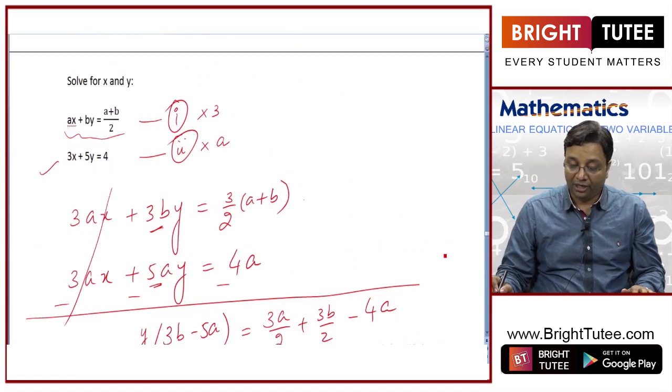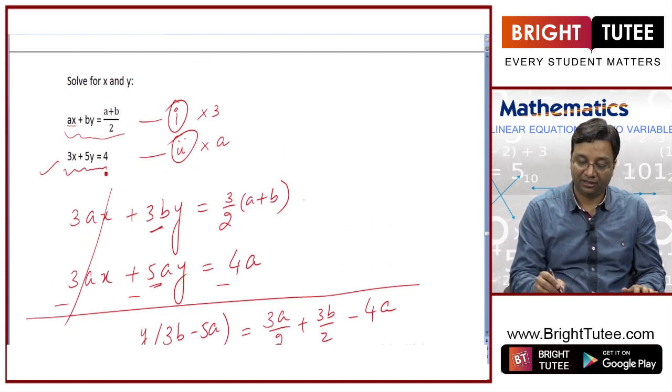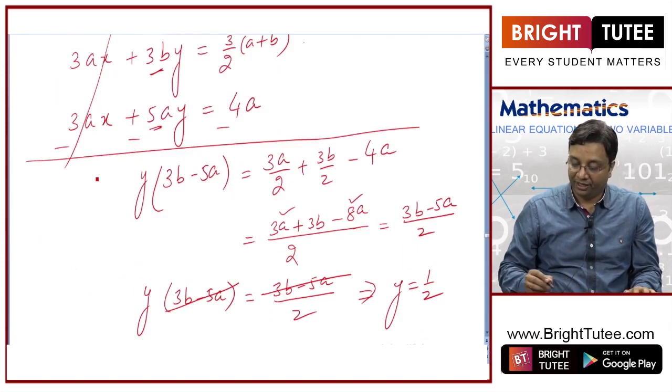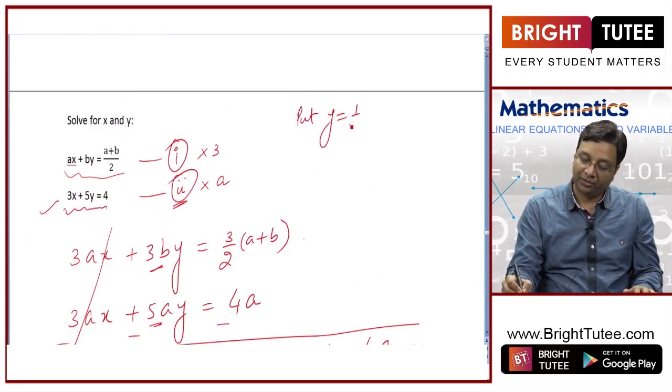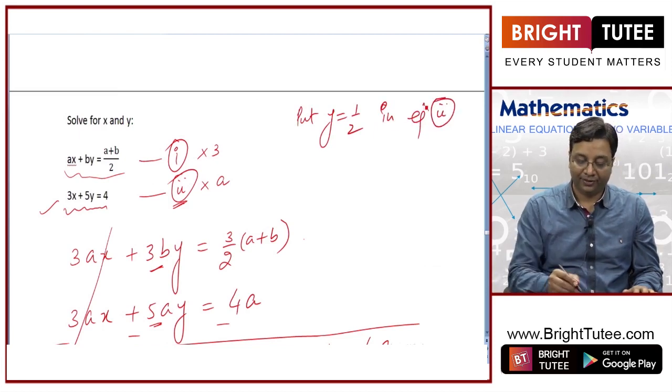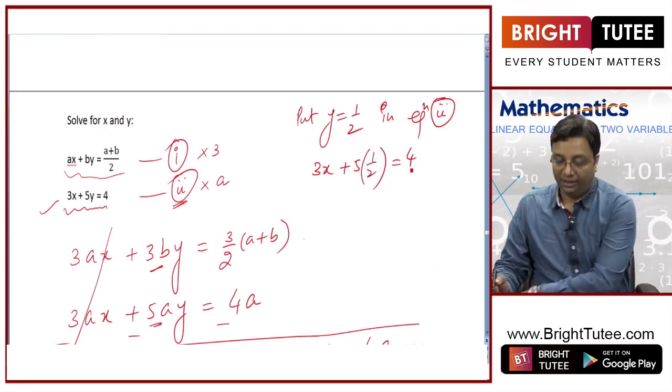Now that I have got value of y with me, I can easily replace it in any of these equations. For that matter, let us replace y equal to 1 by 2 in equation number 2. Put y equal to 1 by 2 in equation second, right. 3x plus 5 into 1 by 2 is equal to 4, right.